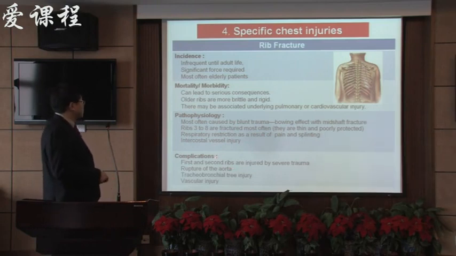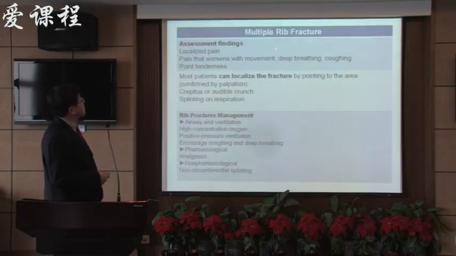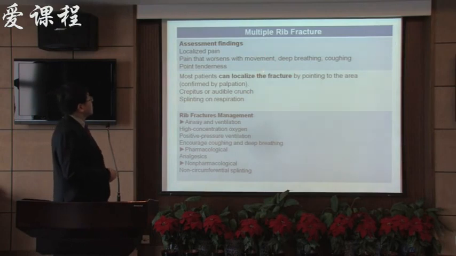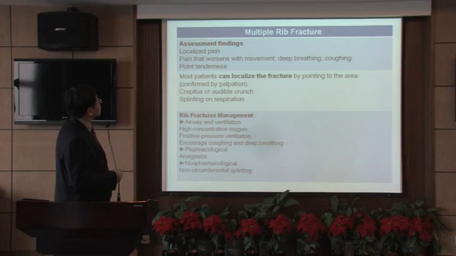What are the complications of rib fracture? It is always rupture of the aorta, severe trauma, tracheobronchial tree injury, and other vascular injuries. Multiple rib fractures are more common than single rib fractures. When the patient gets into the emergency room, we should always assess the findings.